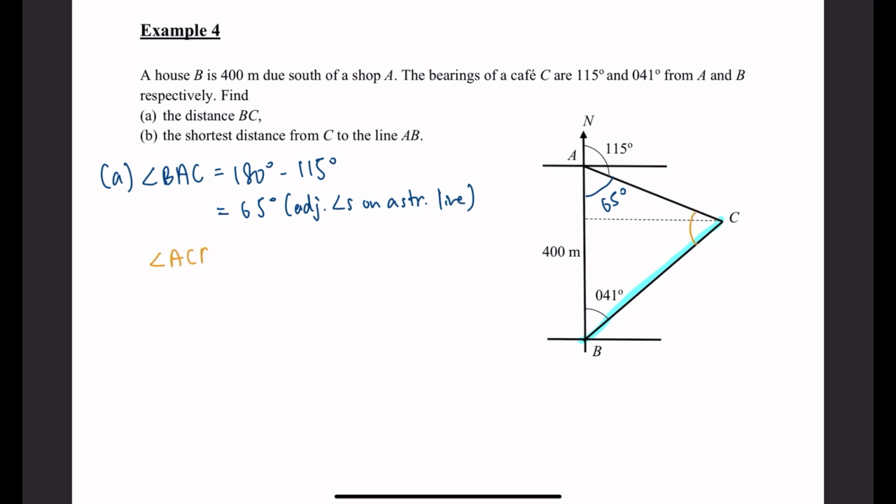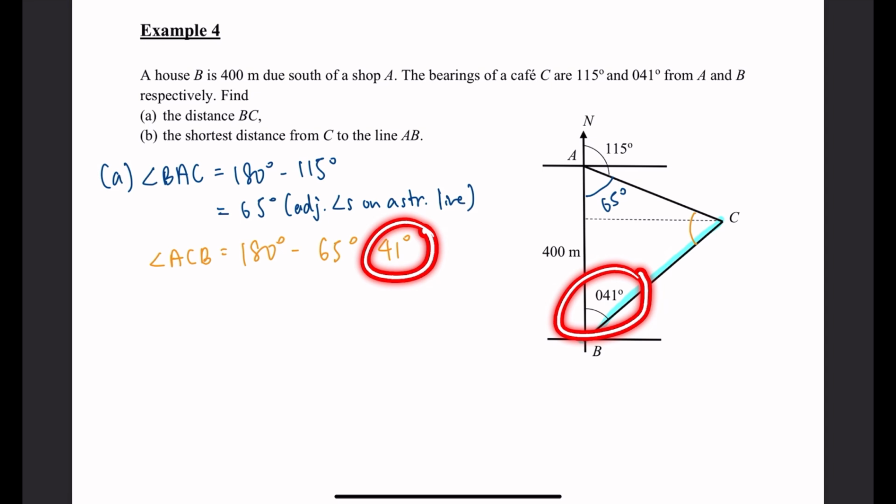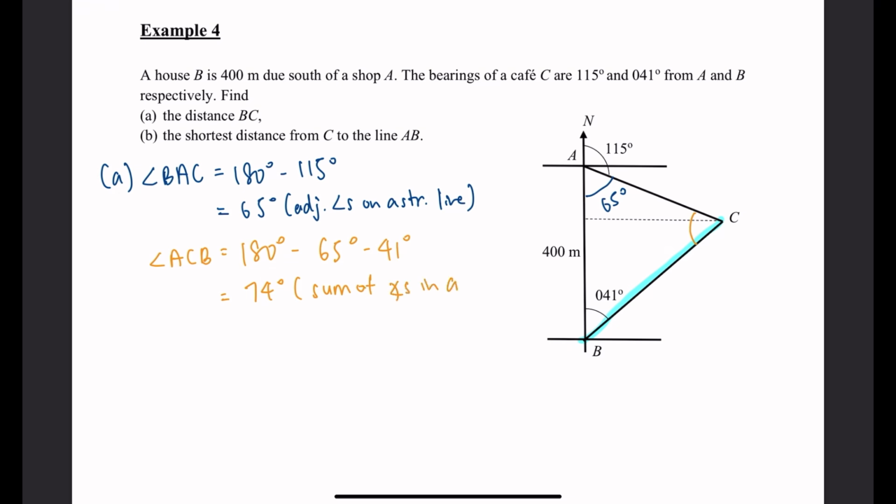Angle ACB is in the triangle, and you have two other angles known already. So 180 minus 65 minus 41 degrees. Take note, bearing written in 3 digit, but angle written in 2 digit. So you'll get 74 degrees. So this is sum of angles in a triangle.